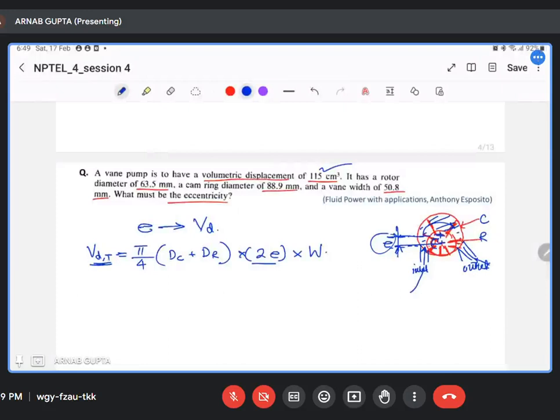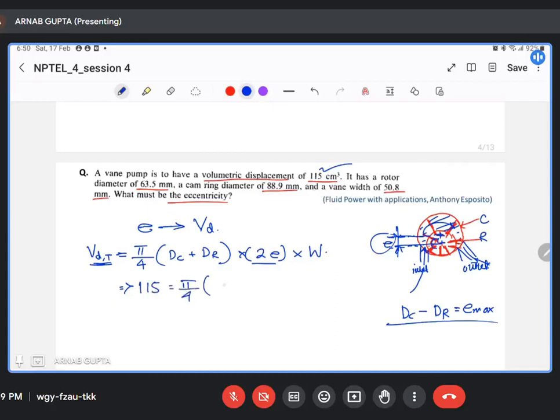In that case, dc minus dr, where dc means the diameter of the cam ring and dr the diameter of the rotor, that dc minus dr is your maximum eccentricity. Okay, so from here, let's substitute the values, and let's convert all the terms into centimeter.